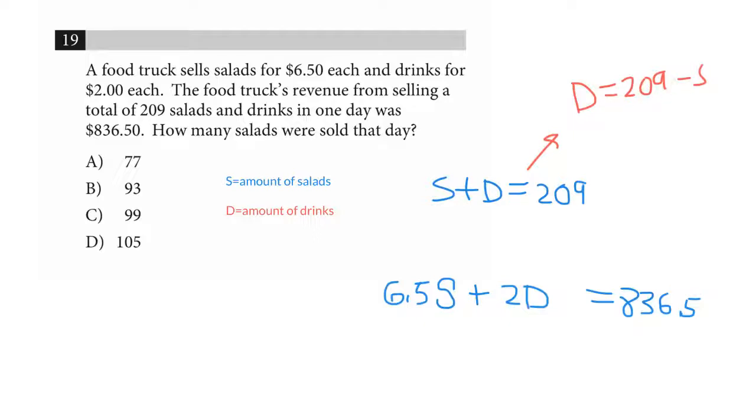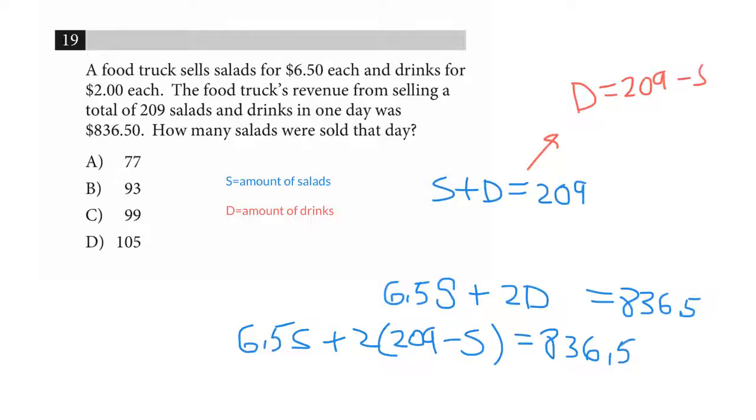And now I can plug this in for D down here, right? So I end up with 6.5 S plus 2 times 209 minus S, and that equals 836.5. I'm going to multiply everything across the board by 10 because these decimals annoy me.